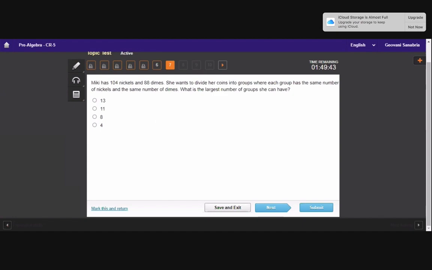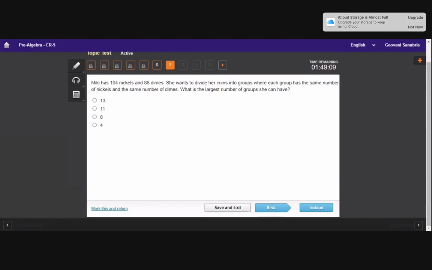So she can have 13 of 104 if she kept going with the groups, but because it's 88, that's the limit for both. I guess I don't know if you understand what I'm saying. So she can have 8 groups of 11, right? 11 groups, yeah, of both, and then the rest of the nickels. I don't know what she's going to do with them, but that's the most of the same groups she can have.